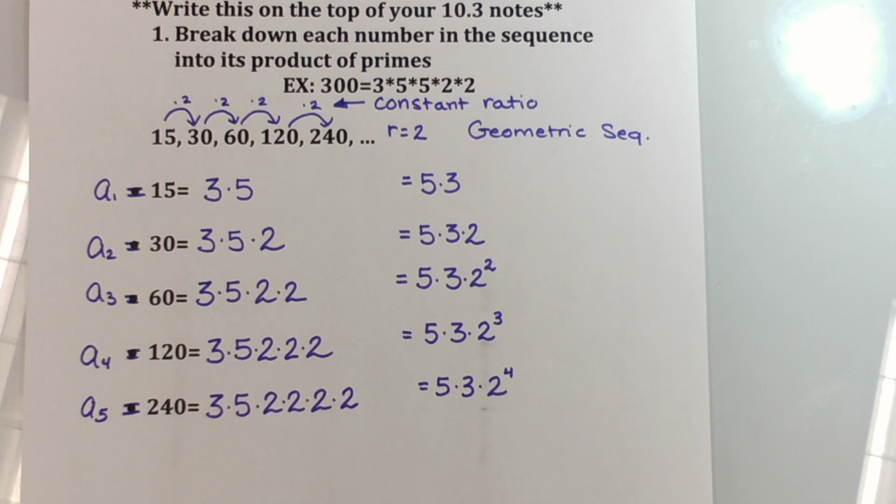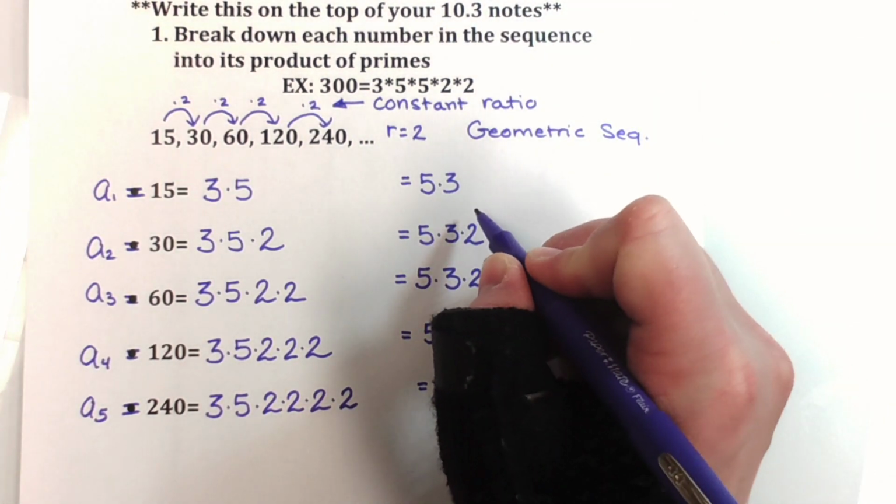Now, overall, the pattern we should see through this process is that every term in the sequence is going to gain another 2. Or, in this form, the exponent on the 2 increases by 1 every single time. Because this technically has an exponent of 1.